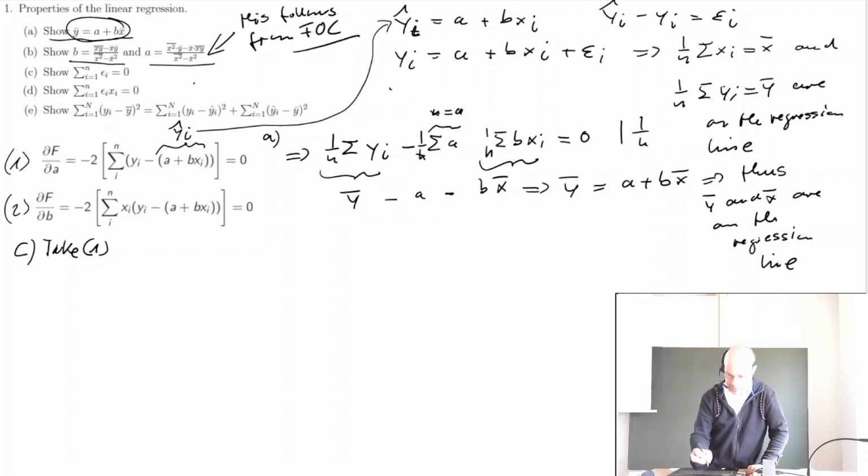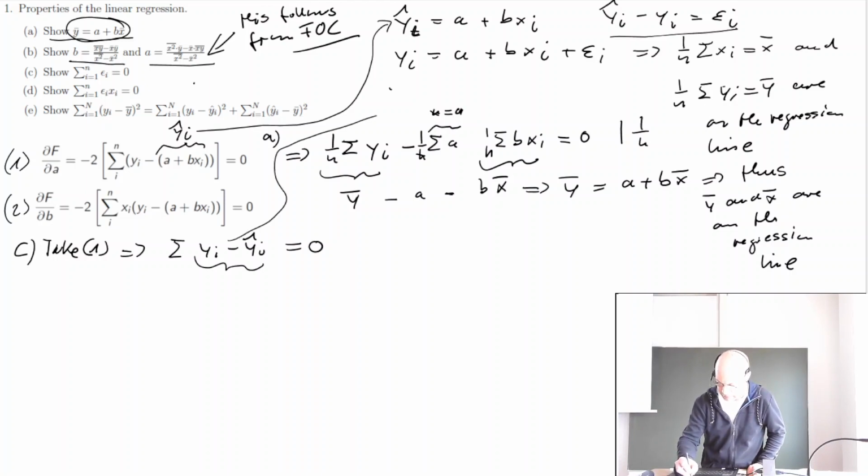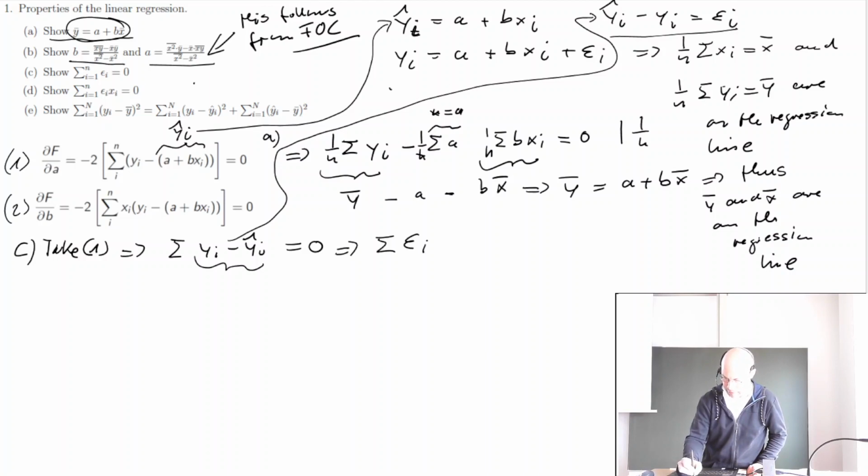So just inserting, this means the sum over y minus y hat equals 0. But the difference between the measured value y and the theoretical value y hat is defined as the error. So this just means the sum over ei from 1 to n equals 0.